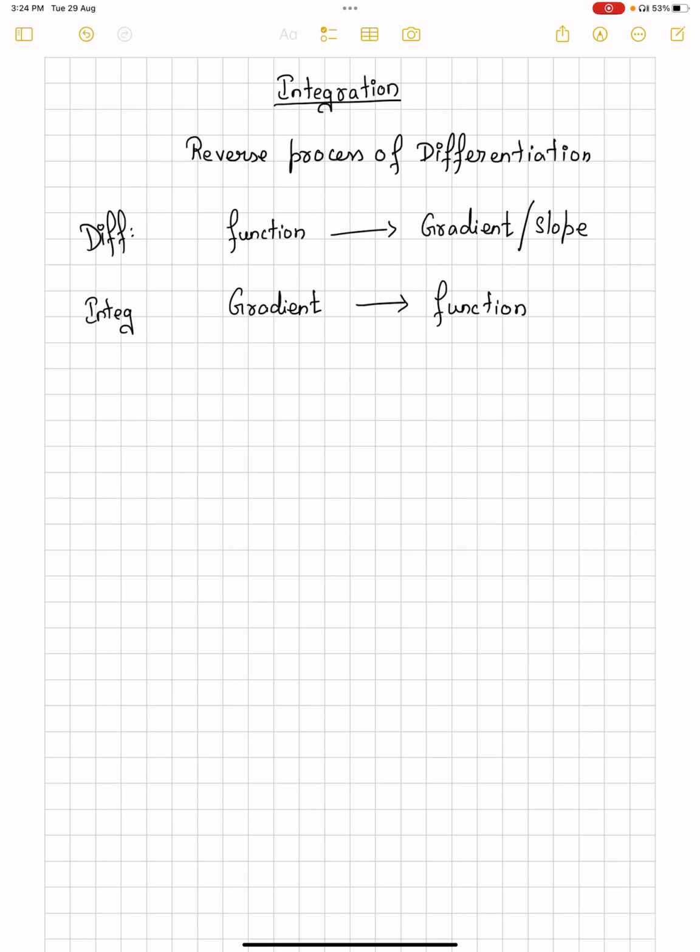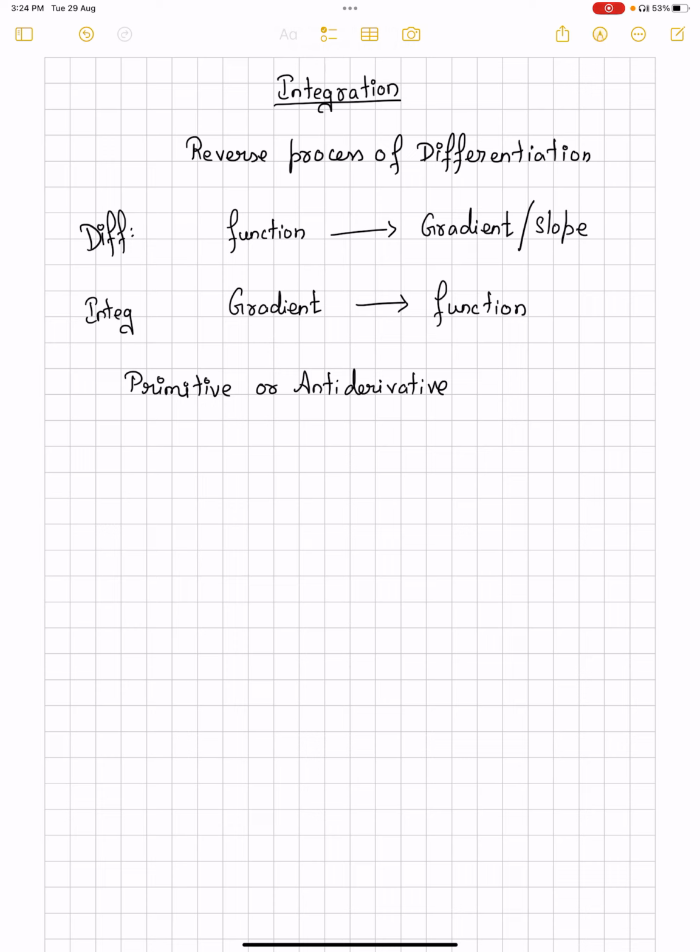But there are a few things we need to know terminology-wise. The first thing we are going to look into is primitive or antiderivative. How integration came from these terminologies is very important. So now let's look into primitive or antiderivative. What is a primitive?